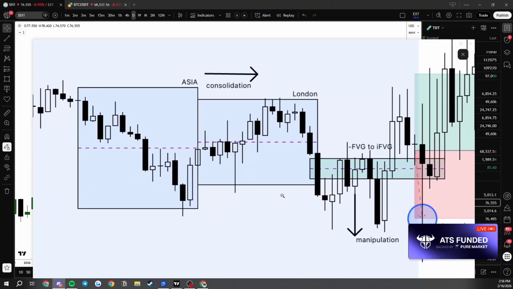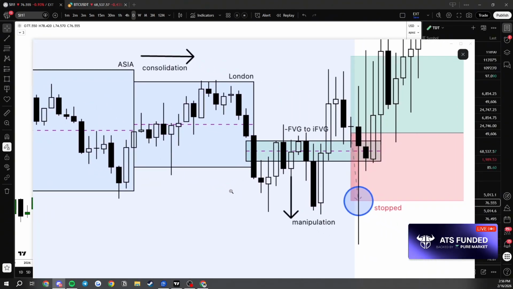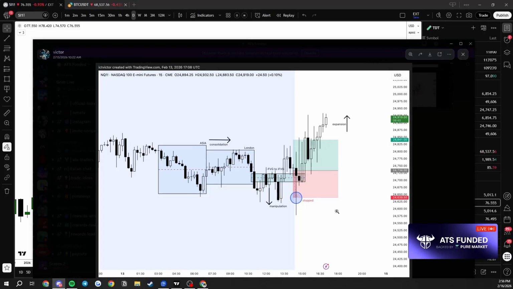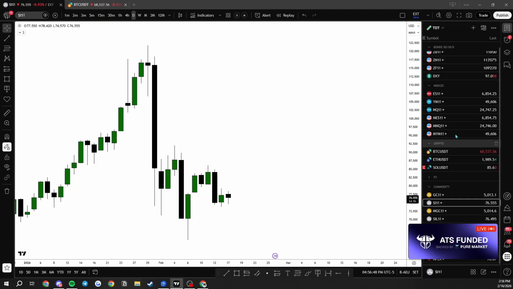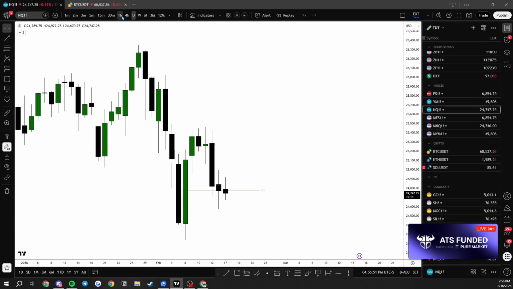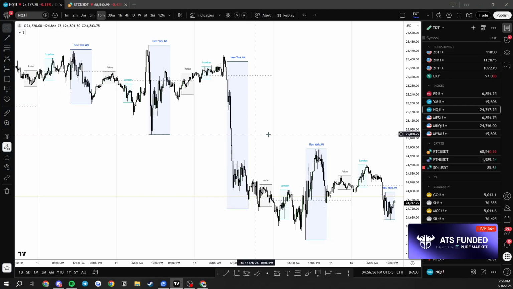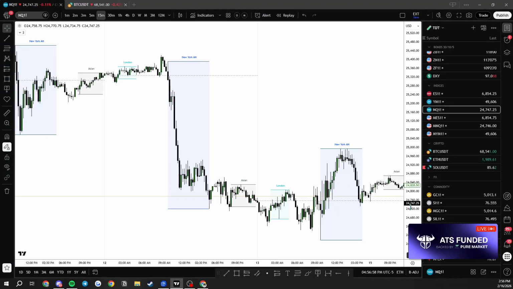Let's see. Asia consolidation, London consolidation. Was this on Friday? Let's see what maybe we can find on our chart. Friday's here. Okay, yeah.